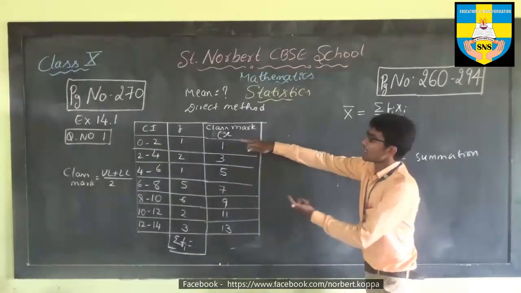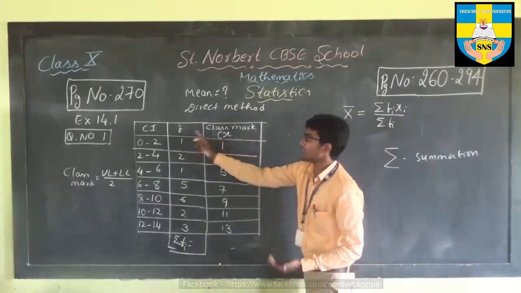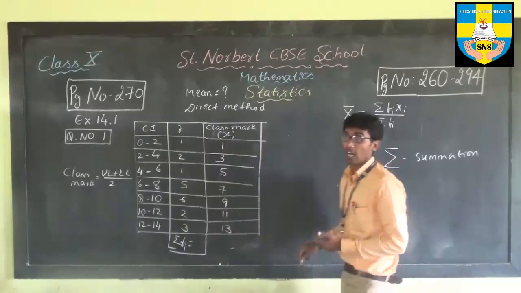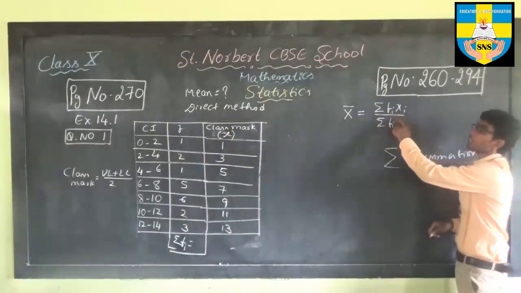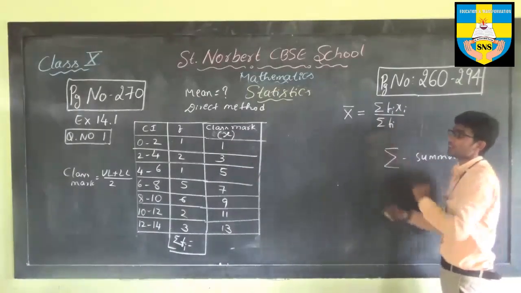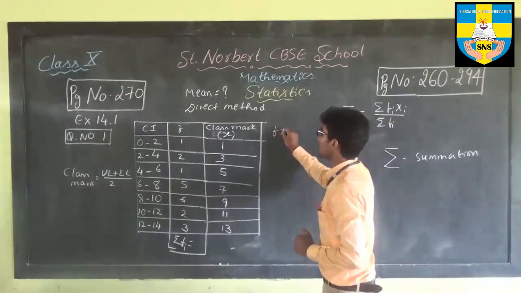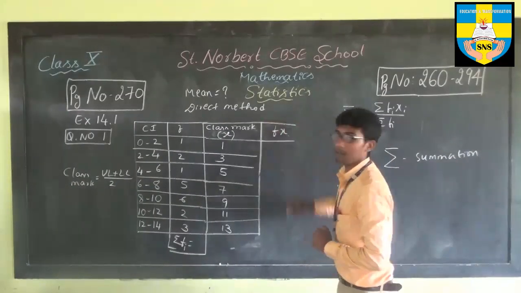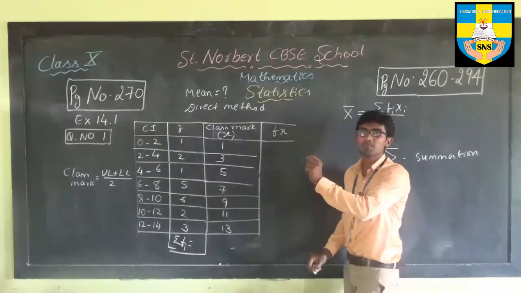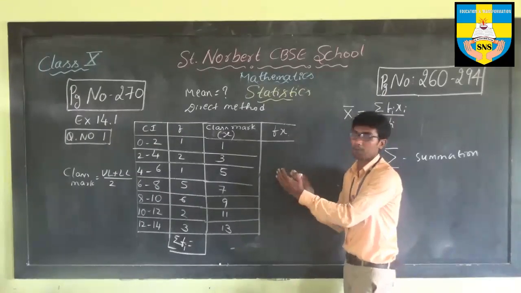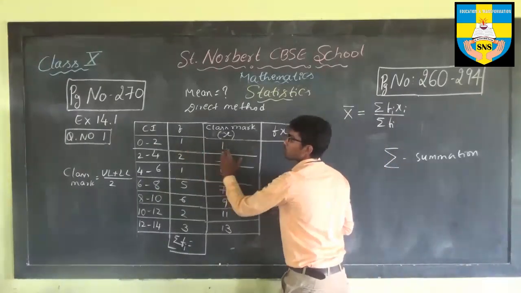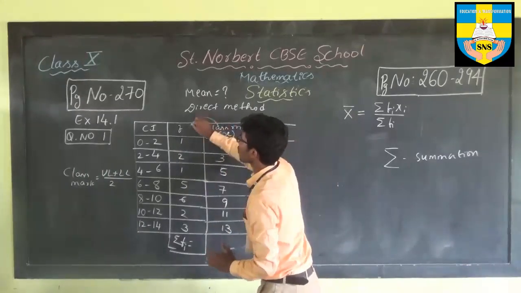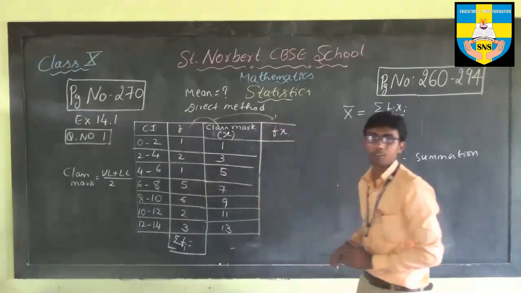But this is not enough for us. f is there, x is present. I want f into x. I don't require just x, or just f. I want f into x. How is it possible to make f into x? It is a simple, basic calculation of multiplication. Multiply these two columns, and you will get f into x.